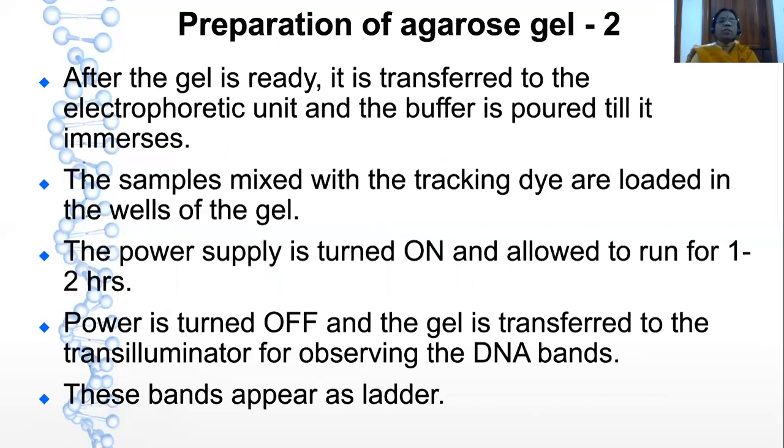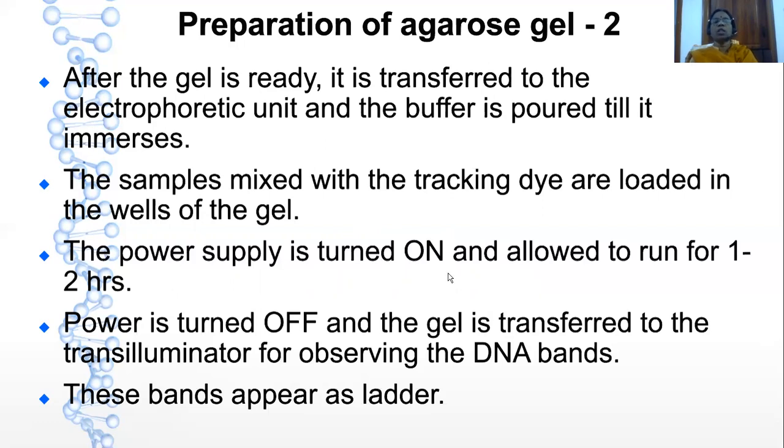After the gel is ready, it is transferred to the electrophoretic unit and the buffer is poured till the gel is immersed. The samples mixed with the tracking dye are loaded in the wells of the gel. Now our electrophoretic system is ready. We simply need to connect the power cords to the power pack and switch on the power supply.